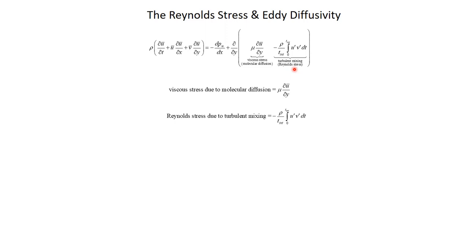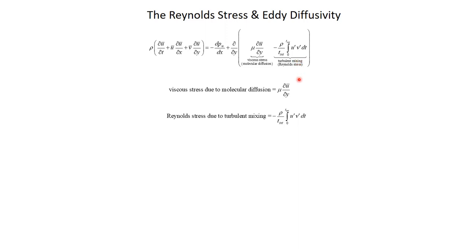And I guess if you want to come over here and focus on this side of the equation, what we've really done is we've taken our viscous stress, which is momentum transfer due to molecular diffusion, and we have augmented it with this Reynolds stress, which is momentum transfer due to turbulent mixing, okay?